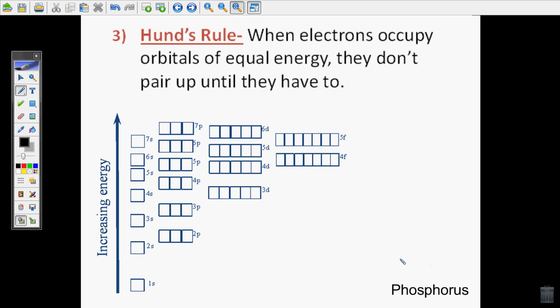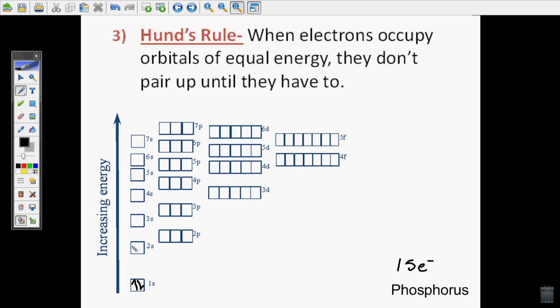So phosphorus has 15 electrons. So I'm going to fill up my electrons. I'm going to use all 15. And I'm going to start here, 1s. So one's going to spin the other way. I don't have any more spaces, so then I need to fill up another one with the opposite spin.